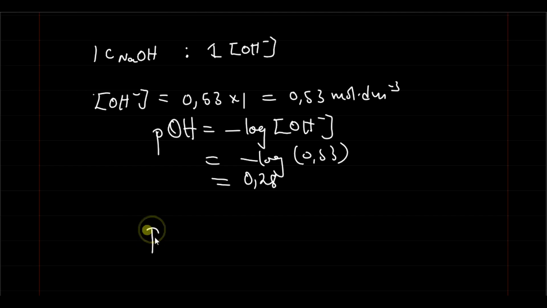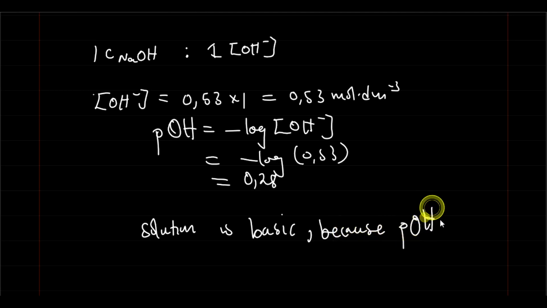So if they ask you, is the solution acidic or basic, you're going to say the solution is basic, isn't it? Why is it basic? Because pOH is less than 7.